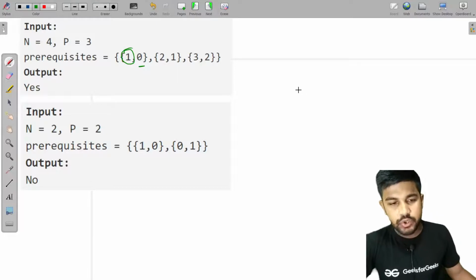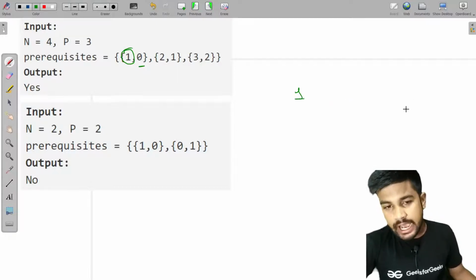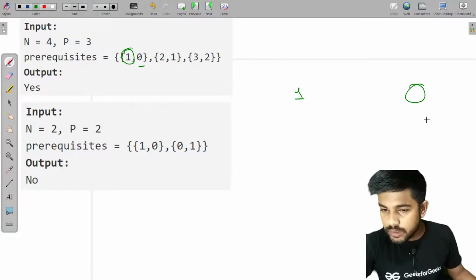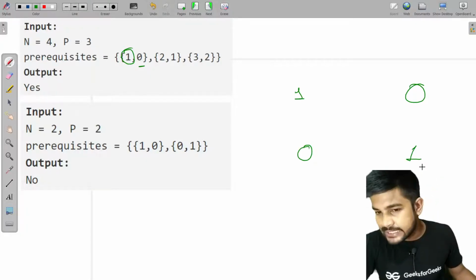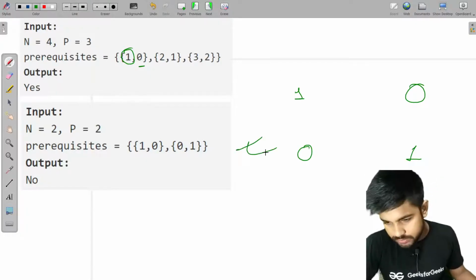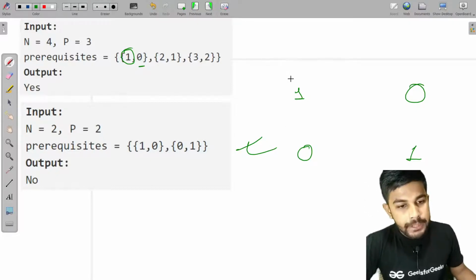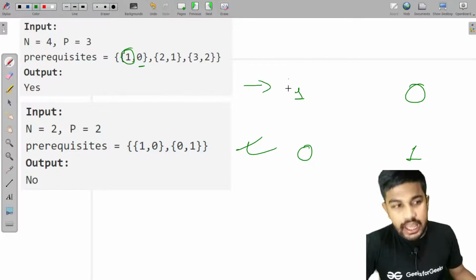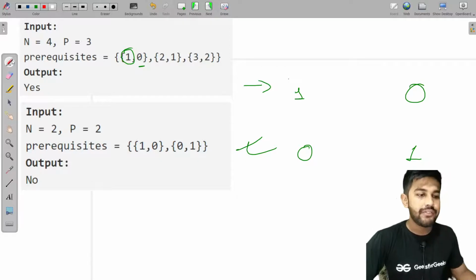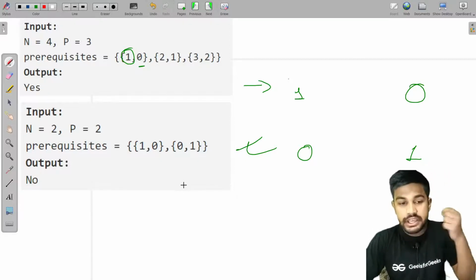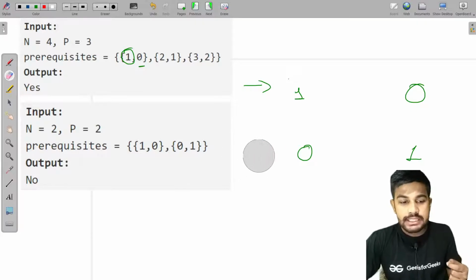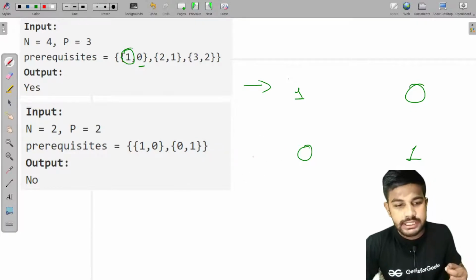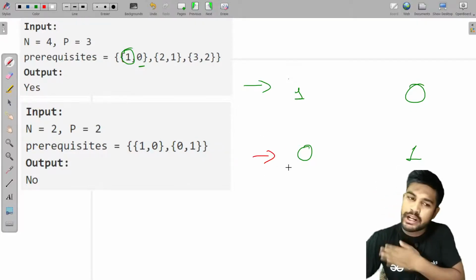Like I am telling you, to complete task 1, I need to complete task 0, but to complete task 0, I need to complete task 1. Is this given or not? When a particular connection is given, I just need to check whether the inverse of that connection is available or not. Just check this condition and you would be clear to go.